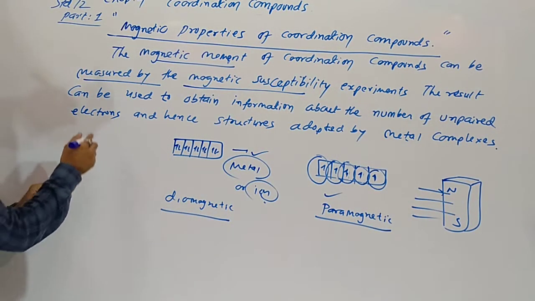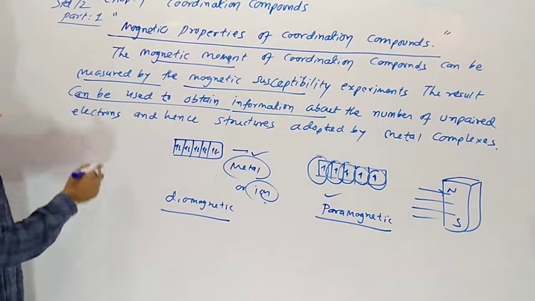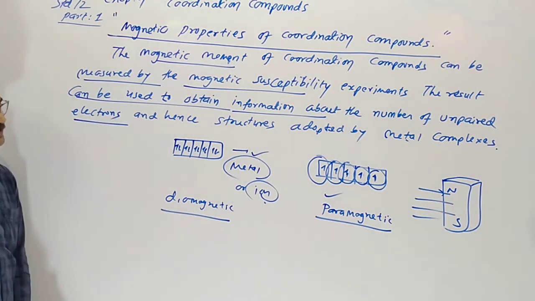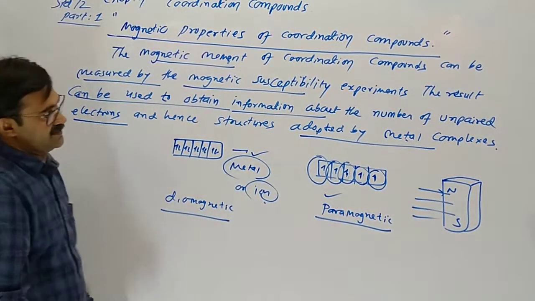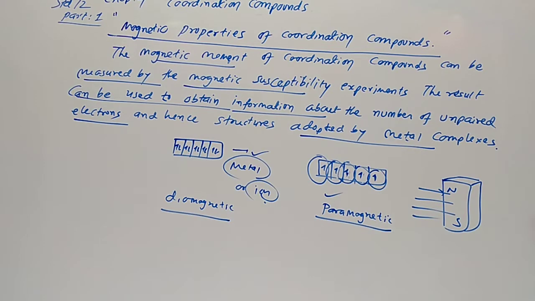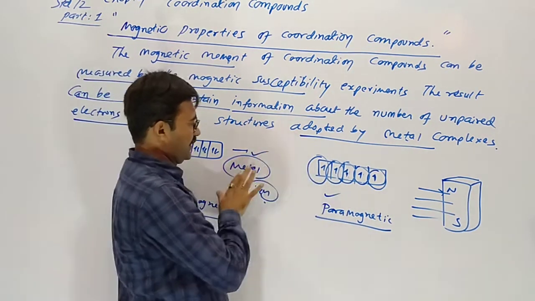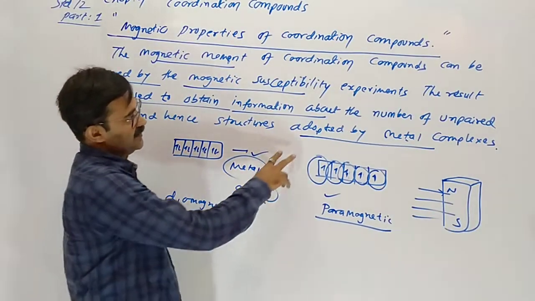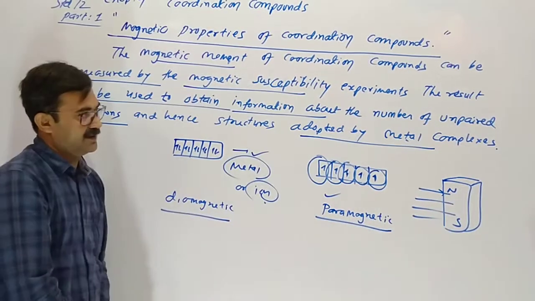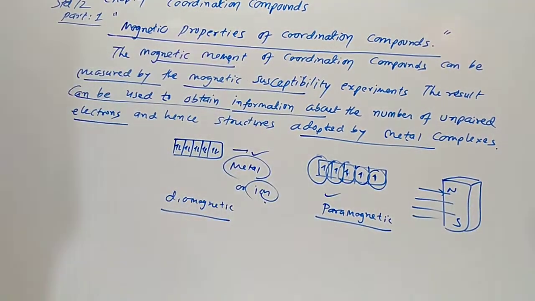The result can be used to obtain information about the number of unpaired electrons and the structures adopted by the metal complex. So from the magnetic properties, whether unpaired or paired, the hybridization is decided. Then we can decide the geometrical shape of the metal complex.